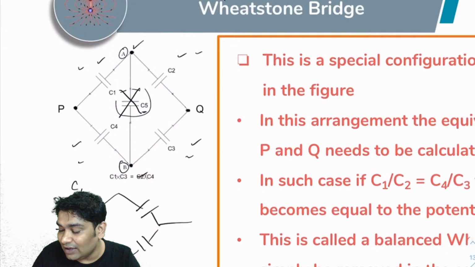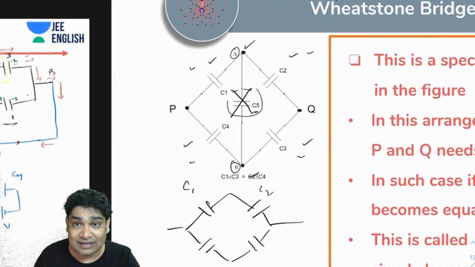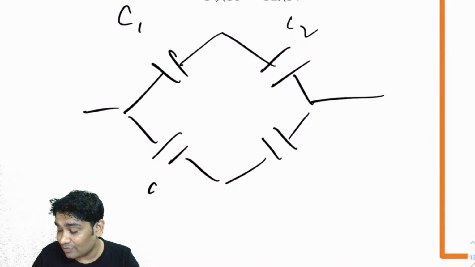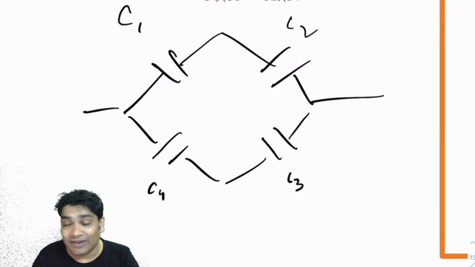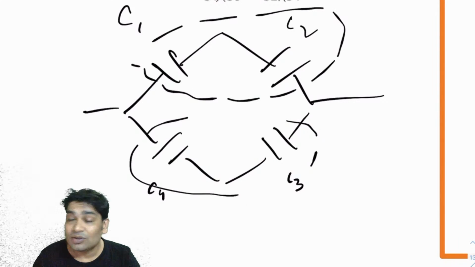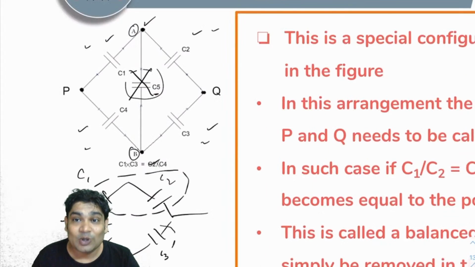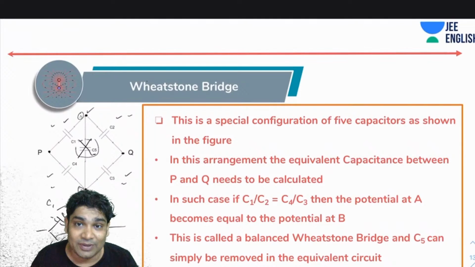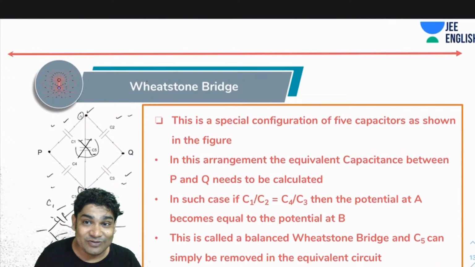You have C1 and C2 in series, you have C3 and C4 in series, and this entire combination is in parallel with this. So this would be simpler to solve. Whenever you see a circuit geometry like this, that is a balanced Wheatstone bridge.